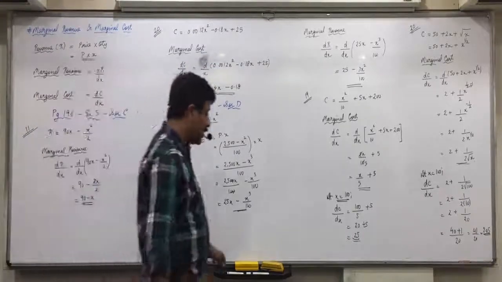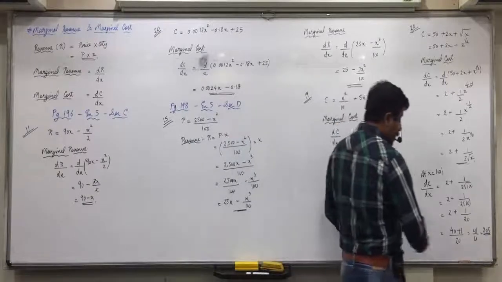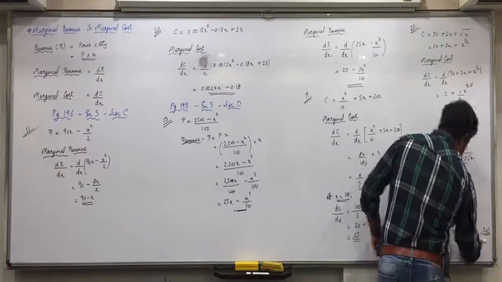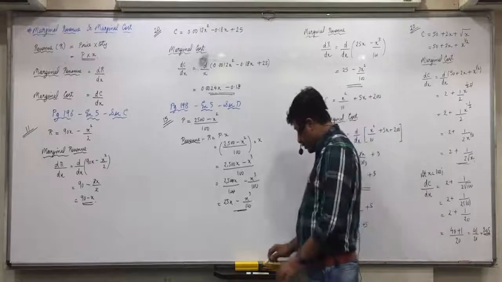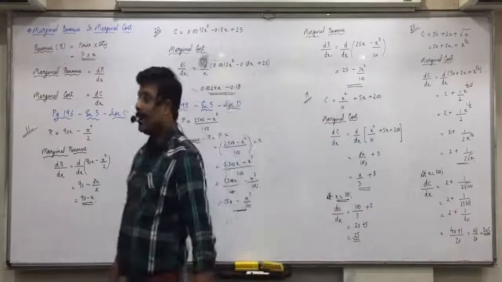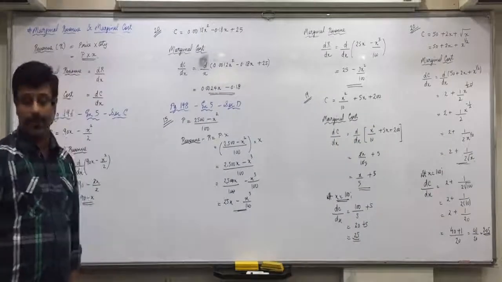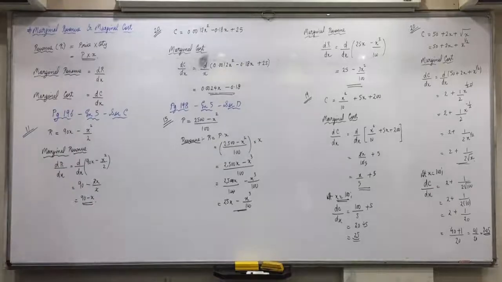So write below that, thus the cost of producing 101st unit is rupees 2.05. Is everyone clear with this?